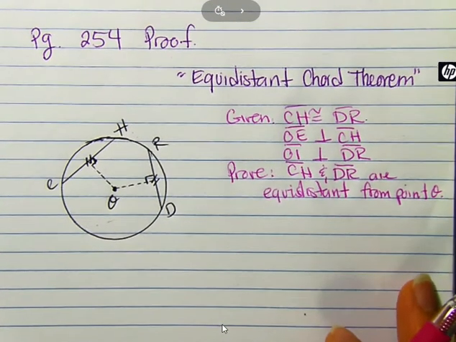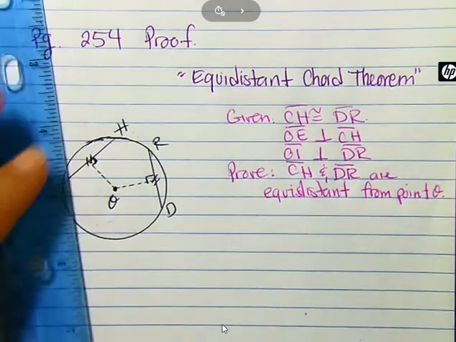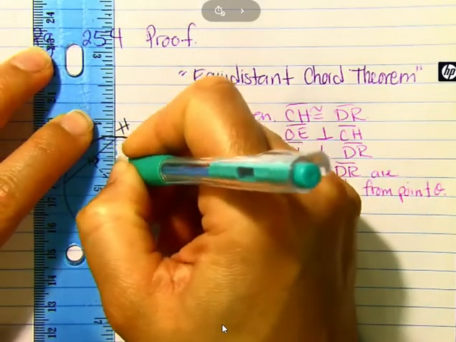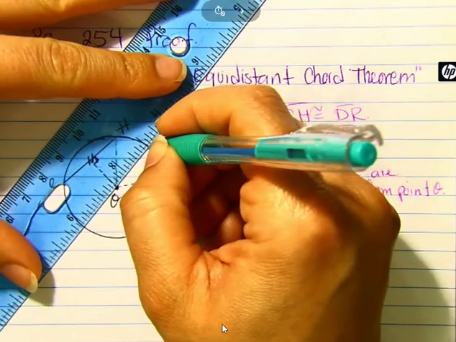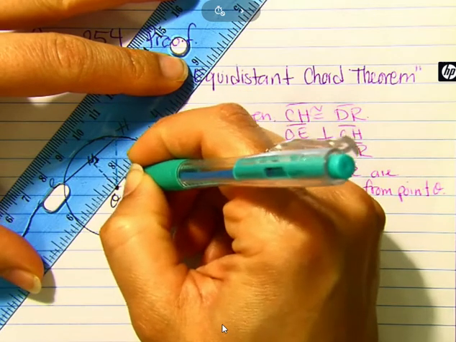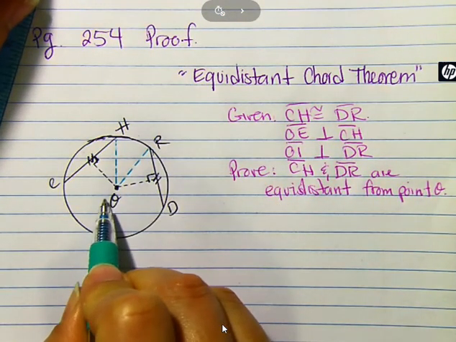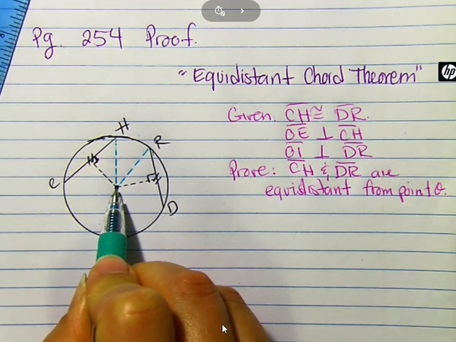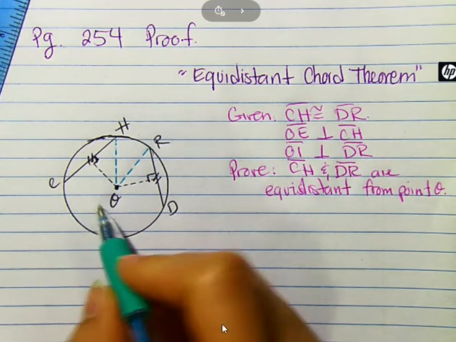So I'm going to add to my picture a couple more things that will help me construct some triangles that, if proven congruent, I can conclude that these line segments, OI and OE, are congruent as well.